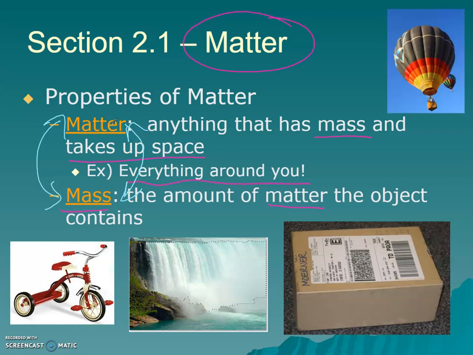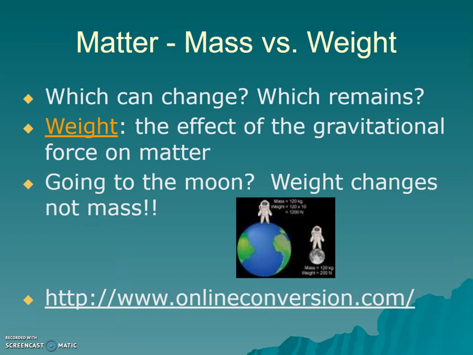And one really big misconception is that mass is the same thing as weight, which it's not. And we're going to talk about mass when it comes to density and volume and stuff like that. So, what is weight? Weight is the effect of the gravitational pull on an object.